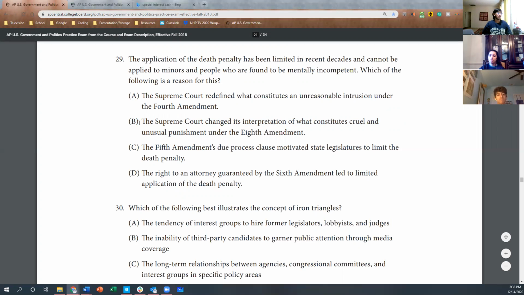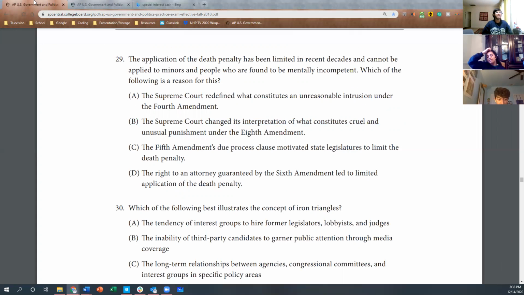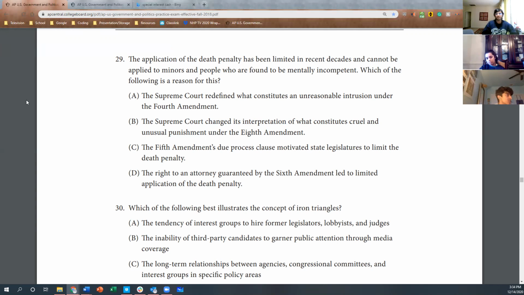Yes. Okay, so B. And then what is 9 again? 9 has to do with, I think, powers. Just because it's not written here doesn't mean it's not a protected right. And then 10, I think, is reserved. Yes. And the 9th Amendment is: enumeration in the Constitution of certain rights shall not be construed to deny or disparage others retained by the people. Just because it's not written here doesn't mean that it doesn't exist.